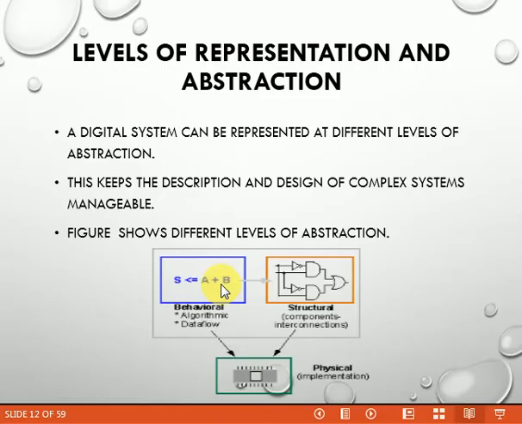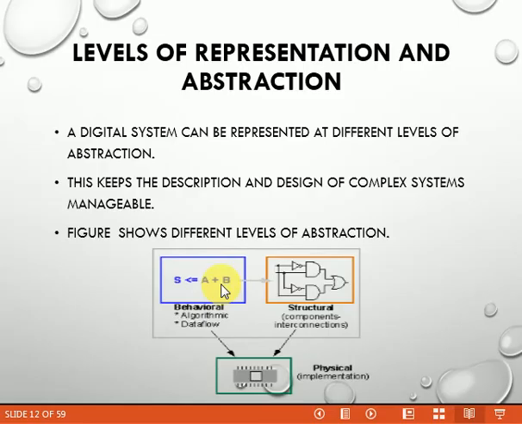Now here, as output is equal to A plus B, another circuit is shown, but here we can show it with just a single OR gate, having two inputs A and B. Okay. For complex circuits the number of gates may increase.